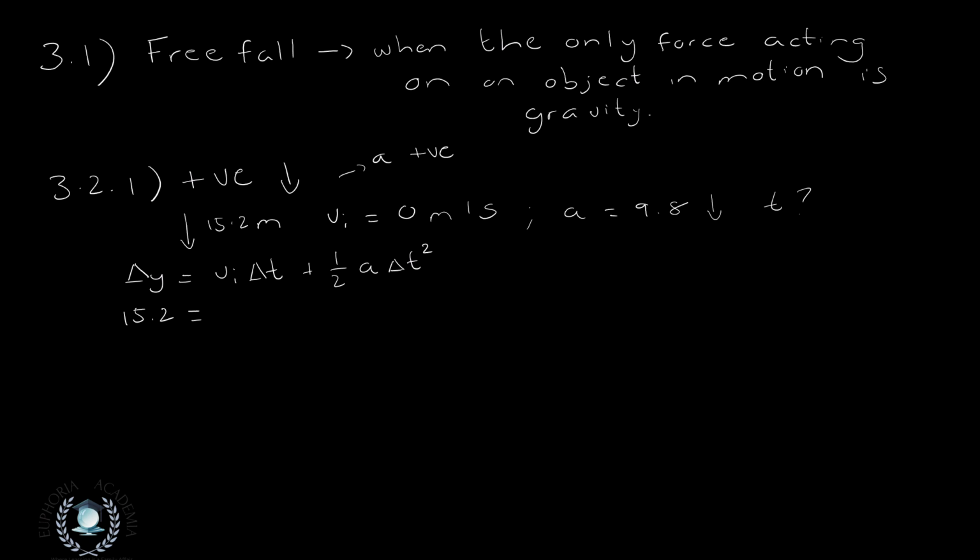Our initial velocity is 0, so that term goes to 0, plus half of 9.8 multiplied by delta t squared. Now, doing some algebra, we're going to find that the time taken for the ball to hit the ground is 1.76 seconds.